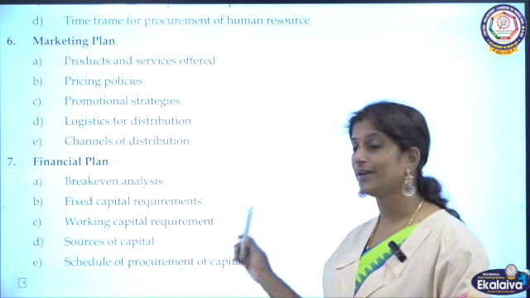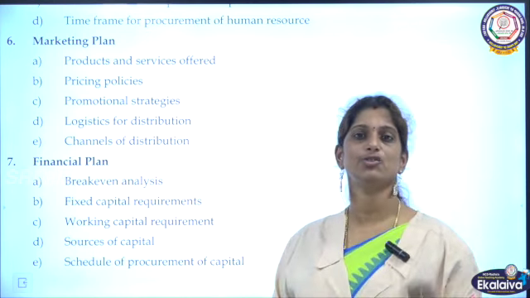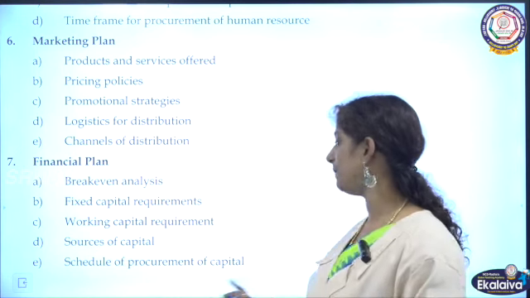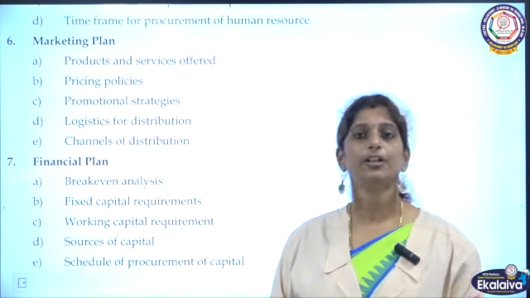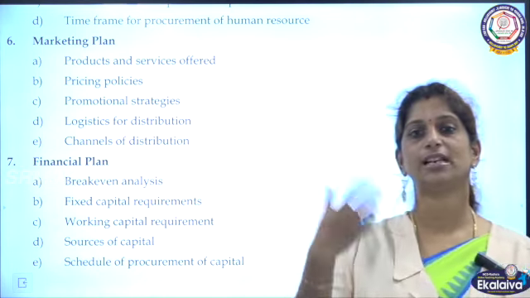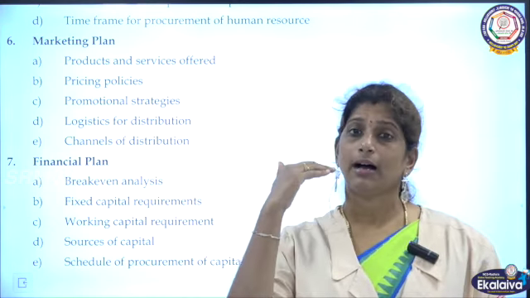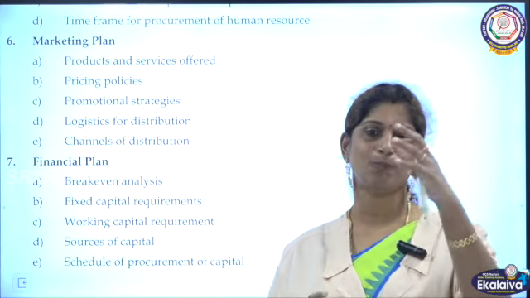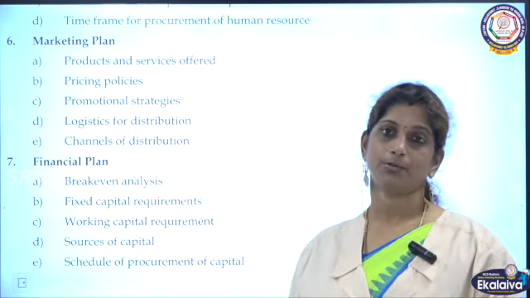So that has to be decided, and what are the sources of capital? How are we going to arrange this capital? That has to be mentioned, and the schedule of procurement of capital. So if it is going to be by shares, okay. So if we are going to issue shares and invite public for investing, then how the application money will be. So there are various stages through which we receive the share capital amount, okay.